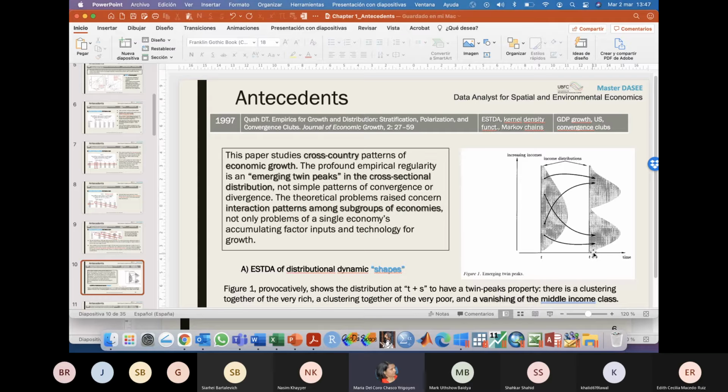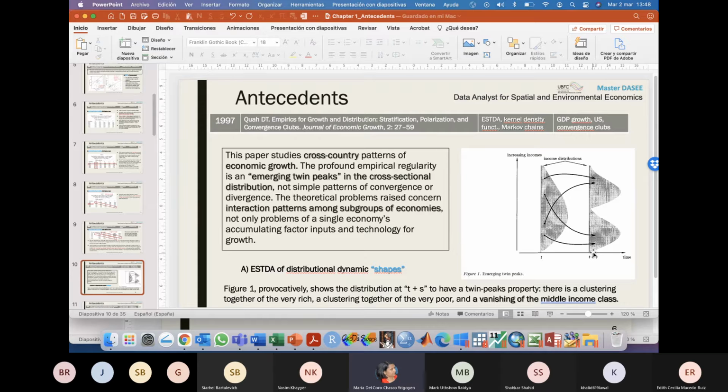Second, he used a three-dimensional chart to represent the cross-section and time series distributions. Third, he represented the cross-section distributions at certain periods with box plots. And fourth, he used a kind of graphical representation for the Markov chain transitions.